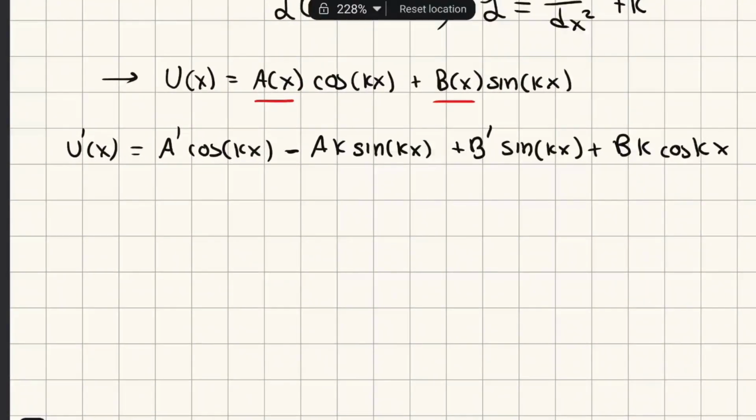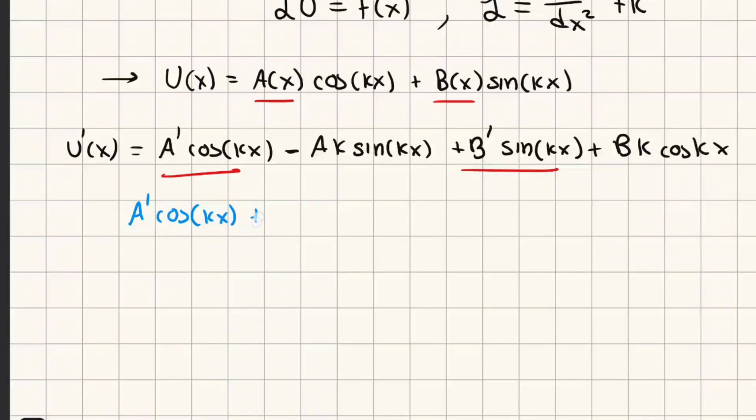After finding the first derivative, we know that in the method of variation of parameters, we take at this step this term and this term to be equal to 0, well, the sum of them. So we get that a prime cosine of kx plus b prime sine of kx is equal to 0.